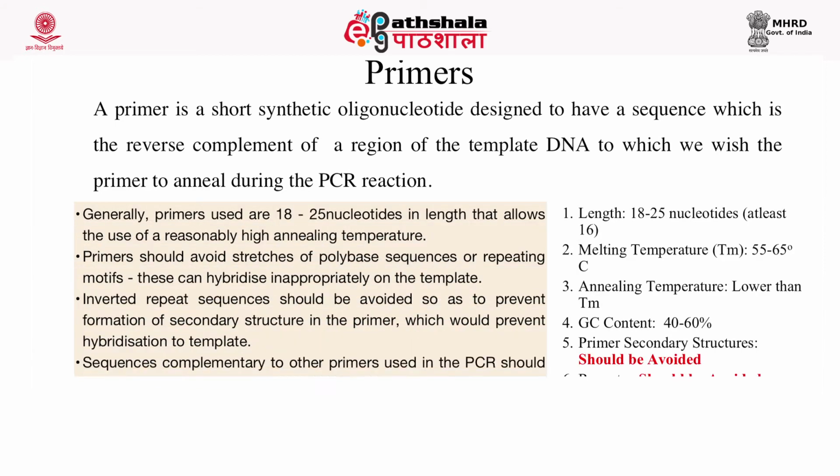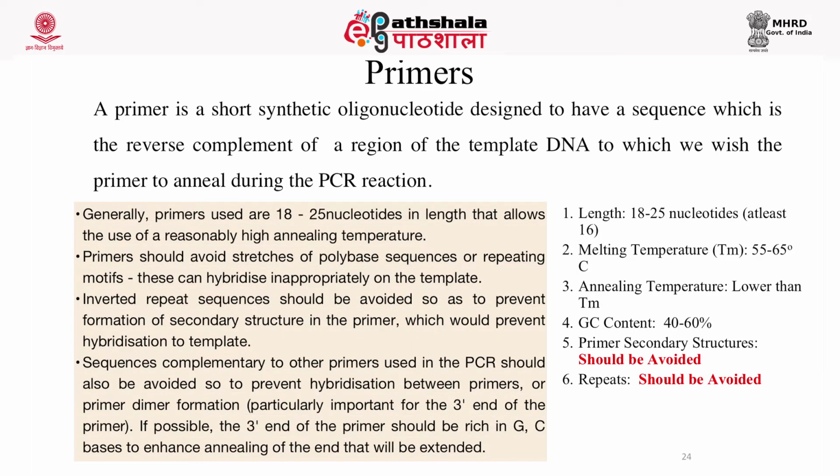Primer designing is very important for a PCR reaction, and there are certain criteria to be followed. Generally, the primers used are 18 to 25 nucleotides in length that allows the use of a reasonably high annealing temperature. Primers should avoid stretches of polybase sequences or repeating motifs. These can hybridize inappropriately onto the template.